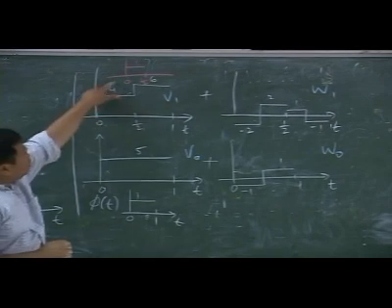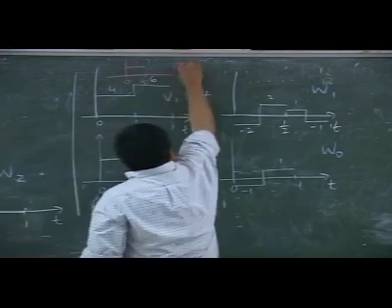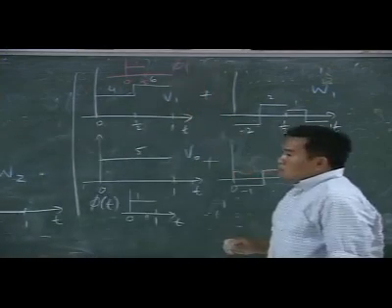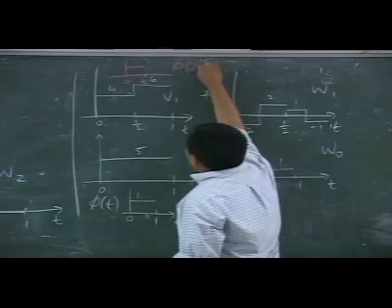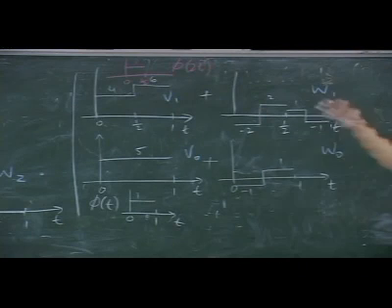How do I relate this with that? It's phi of 2t. That's a scaling now, right?